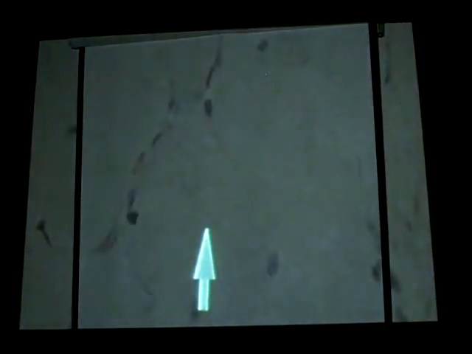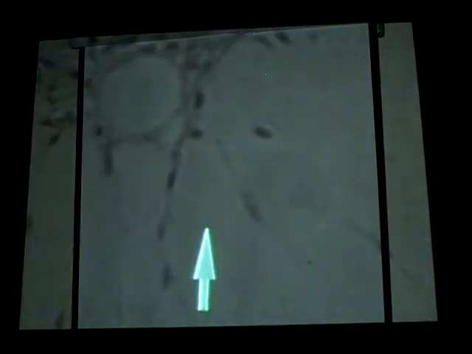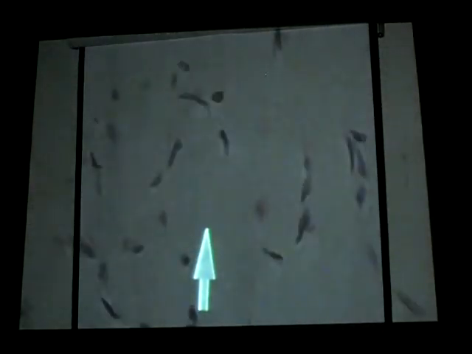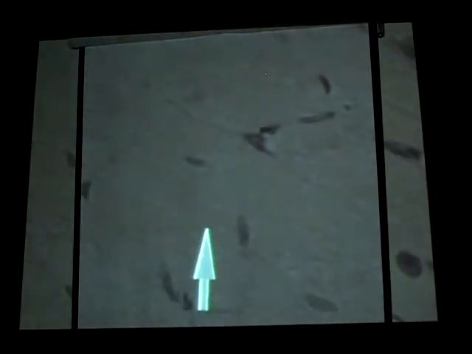You can see a few nuclei sitting here, but it's mainly just collagen fibers. It's mostly fibrous tissue, so you're not seeing many cells as we saw with our corpus luteum. All right, so that's your corpus albicans.